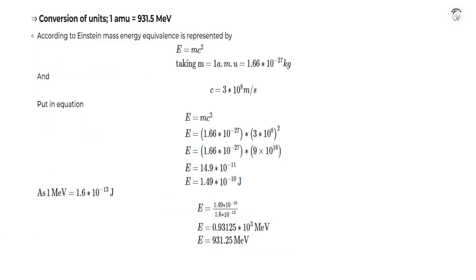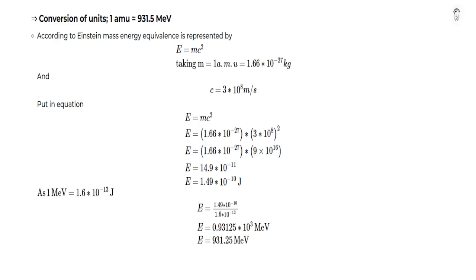I came to know that one atomic mass unit is equal to 931.5 mega electron volts. Energy is equal to mc squared. Mass for one nucleon is 1.66 times 10 raised to power minus 27, and speed of light is 3 times 10 raised to power 8. I do this and I end up with an energy of about 1.49 times 10 raised to power minus 10 joules.